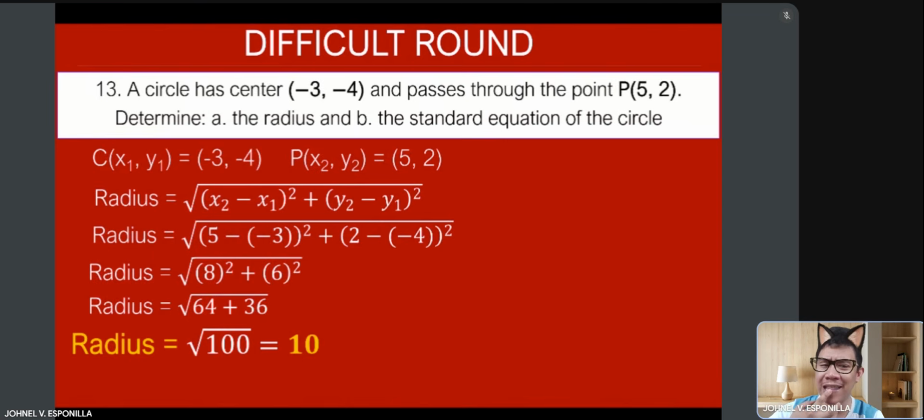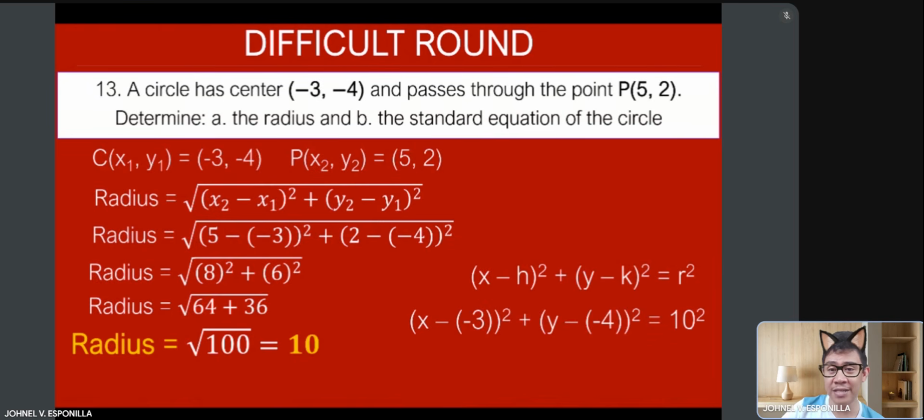Now, if you are asked for the diameter, you just double it. So 10 times 2 is 20. 20 is the diameter. Going back to the center, which is (-3, -4), we can now get the standard equation, since we have the center and the radius.